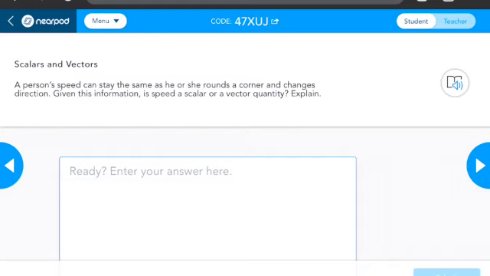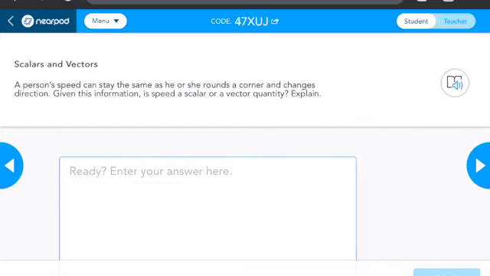Remember, the direction is part of a vector. So if any part of the vector is changing, the vector is changing. So if the direction is changing, the vector is changing. Even though the number might be staying the same there, the vector is changing. So if speed is a vector, it's not, then if its direction is changing, well, its vector is changing, and that's not what it says here.